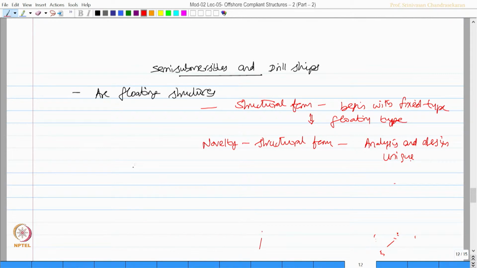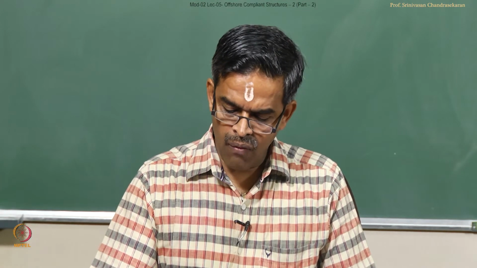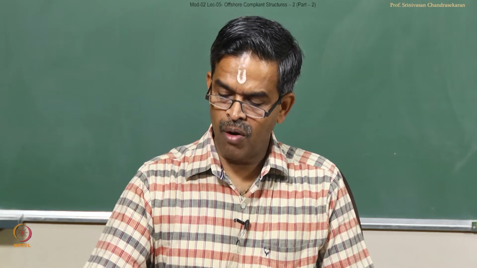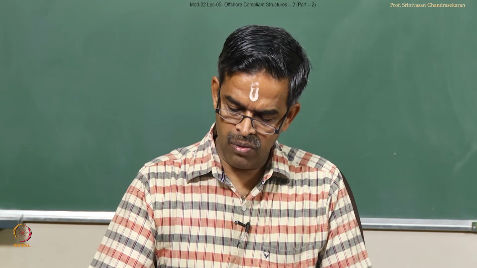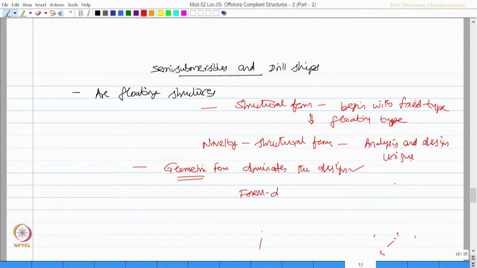The important key factor which you must remember is the geometric form dominates the design. Unlike conventional structures, offshore structures do not have a standard symmetric form, they have a very novel geometric form which can dominate the design. So, it is form dominated, which we re-insist again.